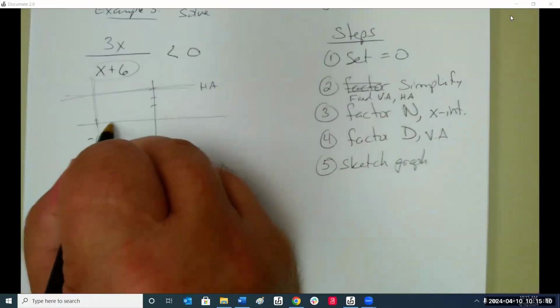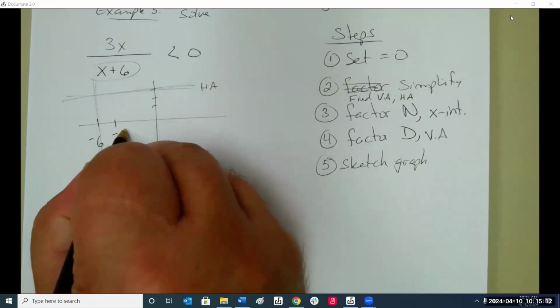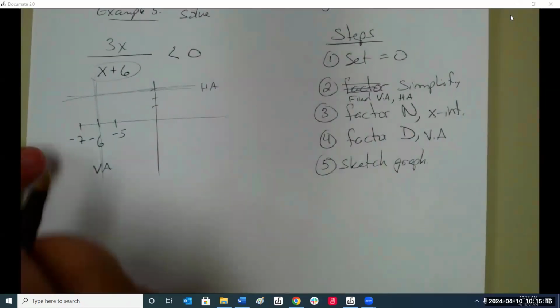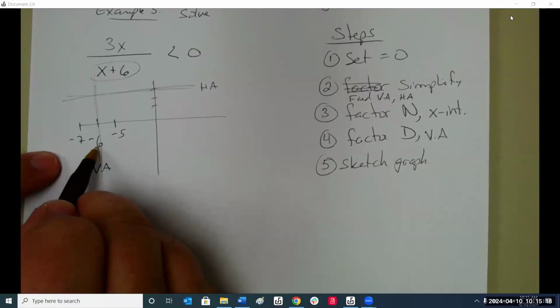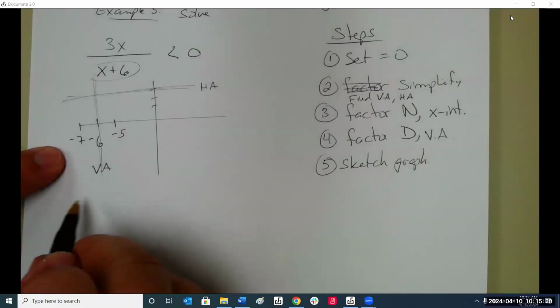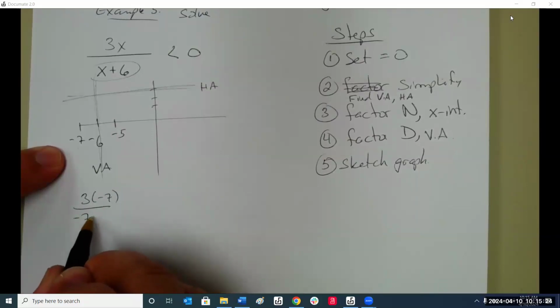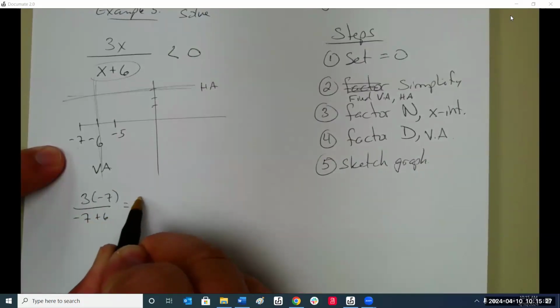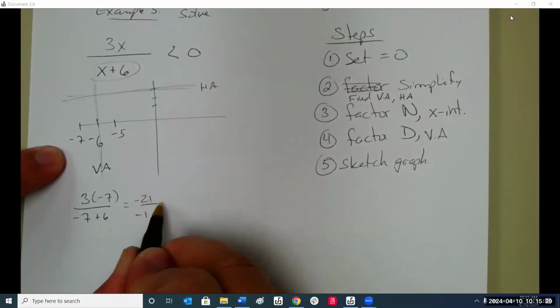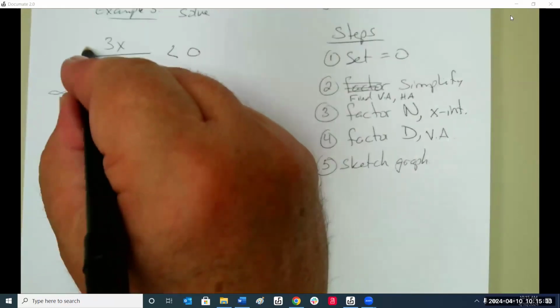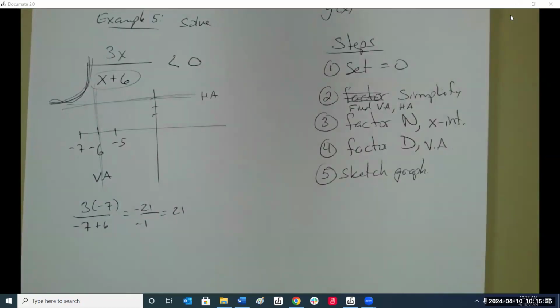Now plot some points. Let's see where it's to the left of our vertical asymptote, -7. We got 3 times -7 over -7 plus 6, which is positive 21. So this part looks like this.